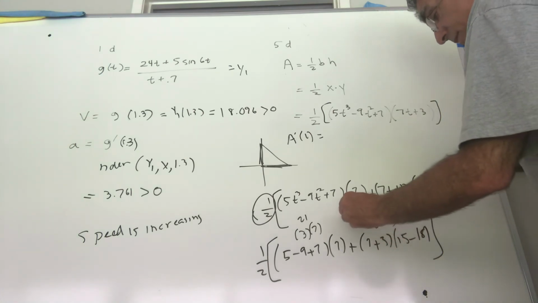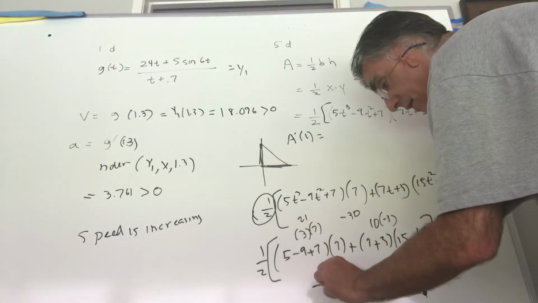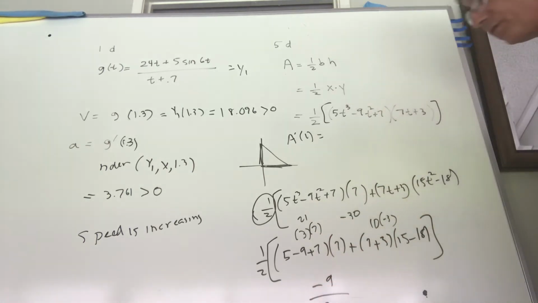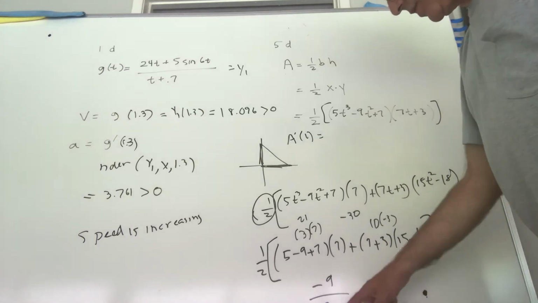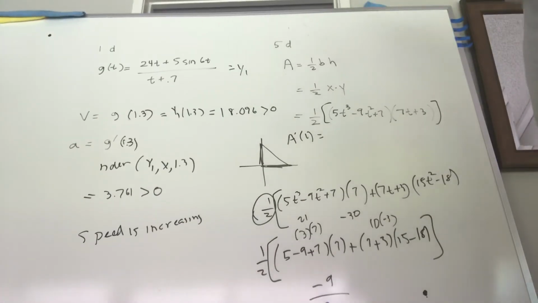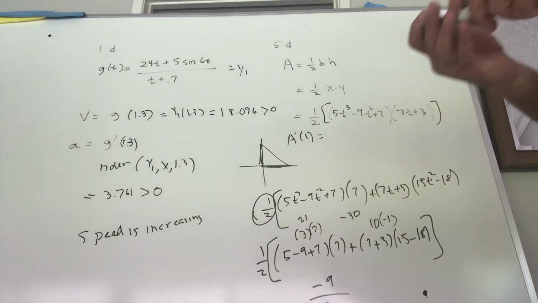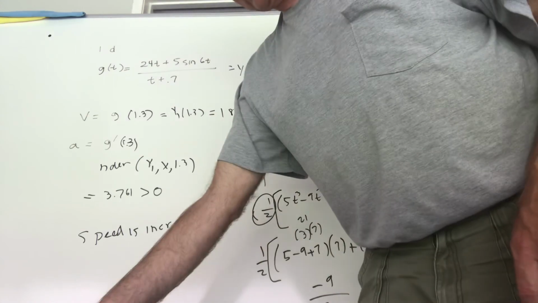So -30. So I get -9, half. Don't forget, don't write -9. You want to make sure you get the 9/2. Oh, you can barely see it. There it is. Okay, so that's the answer to 1D and 5D on the second homework assignment.